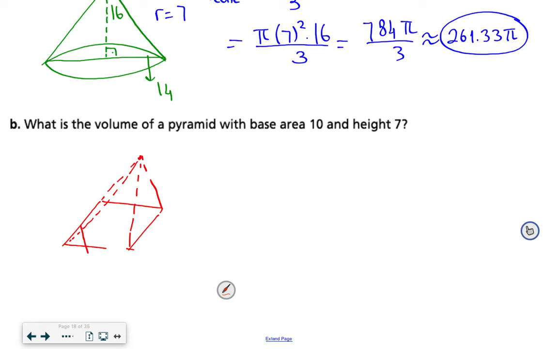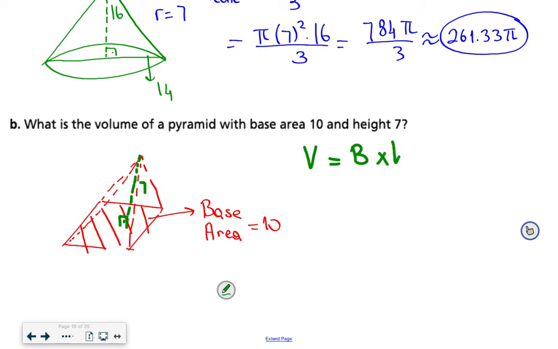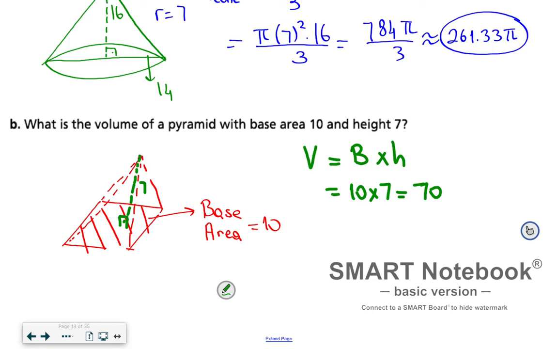And we know that the base area is given, which is 10, and the height is 7. So how to find the volume of the pyramid, which is base area times height over 3? The base area is given, so 10 times 7, which is equal to 70, is your answer.